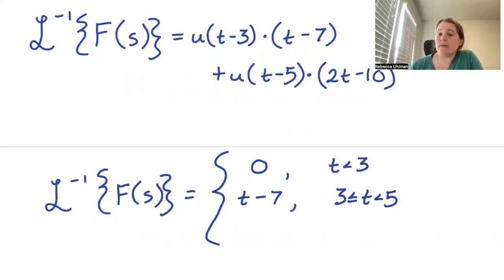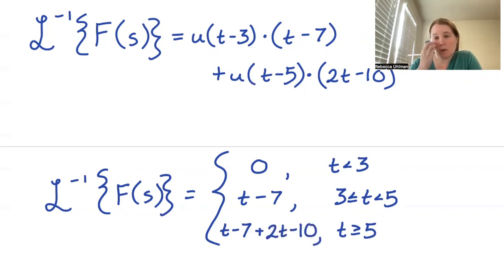And then once we get to 5, both of those parts of the function are visible. So for t greater than or equal to 5, we would have t minus 7 from the first component, plus 2t minus 10 from the second component. Again, for t greater than or equal to 5, both u of t minus 3 and u of t minus 5 would be equal to 1.